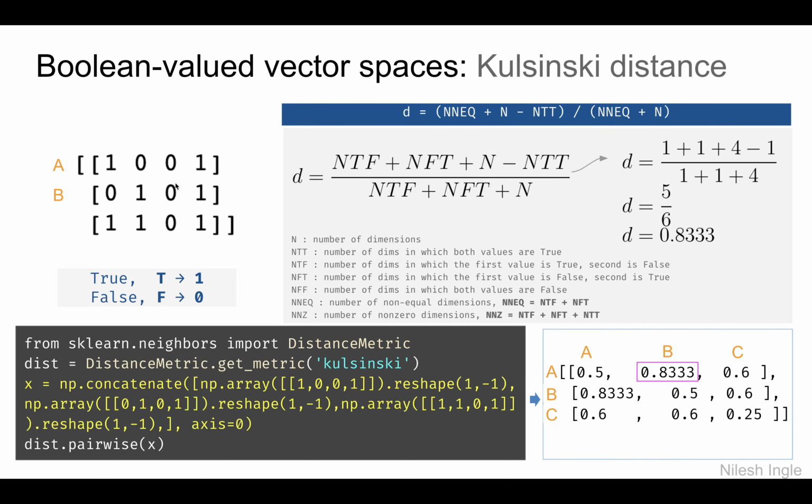And again, when you count all these and add them up and find the distance, you get a distance of 0.833. And similarly, in the output of the code in the bottom right, we can see in the magenta box, we have a distance of 0.833. One new notation here, NNEQ is given by NTF plus NFT, and again in future slides we'll see NNZ, which is NTF plus NFT plus NTT. So combinations of those number of non-zero dimensions.